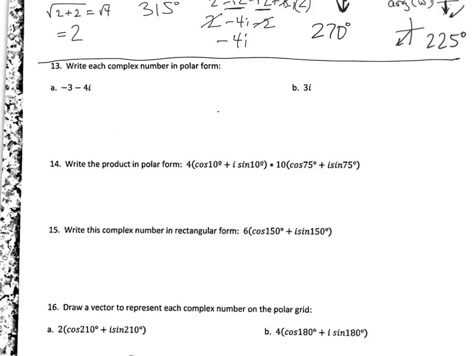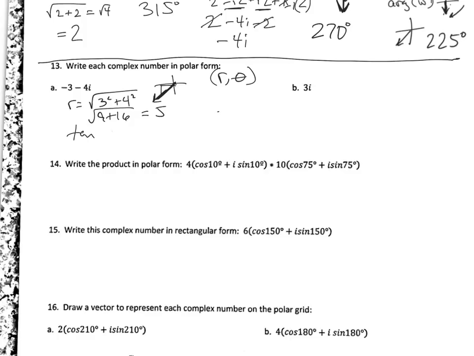Now, to write in complex form, this means to write the complex number in polar form. Polar form is r theta. R is found by taking the square root of a squared plus b squared. Drop the i, drop the negatives. This is 9 plus 16 underneath here, which is 5. Then we need the angle. If you graph this, -3, we're here, third quadrant.